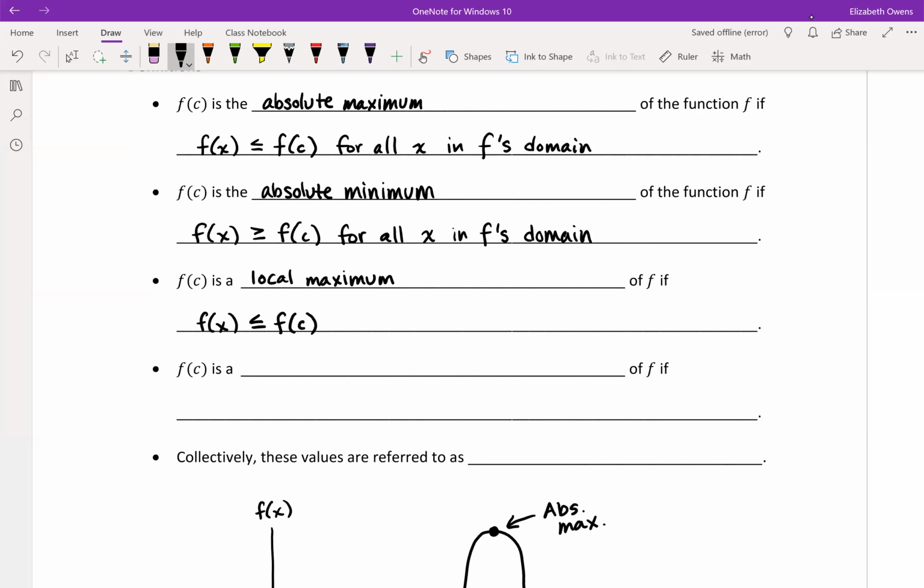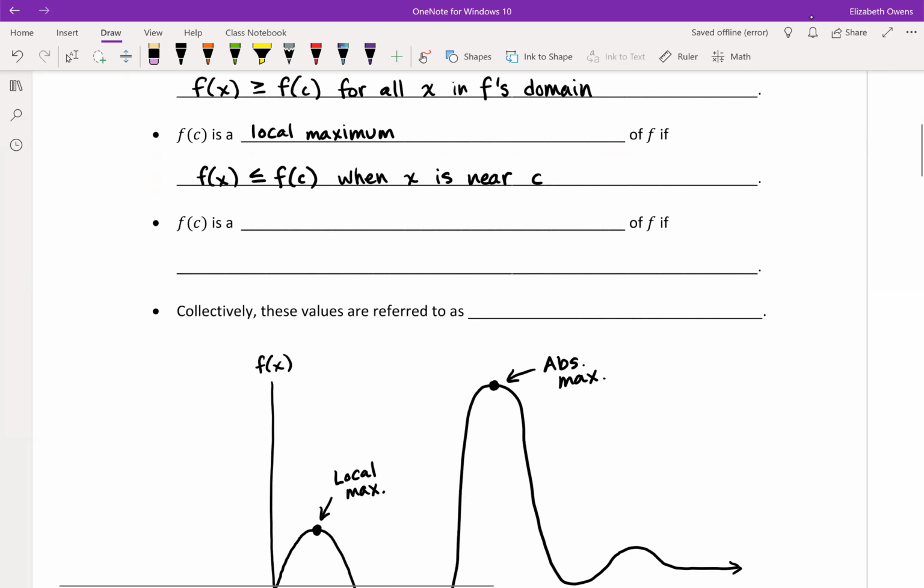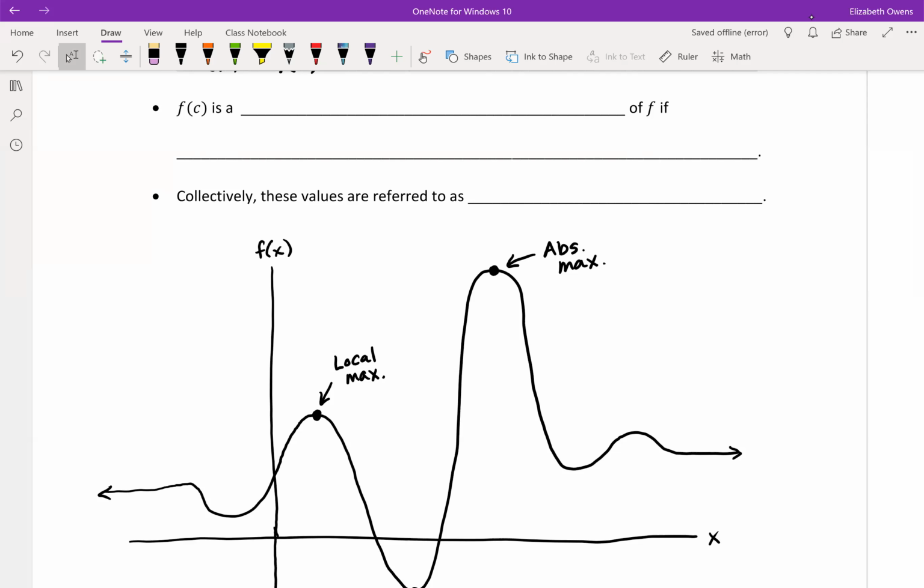This is only though when x is near c. So this is not for all x's in the domain anymore. It's just in some little neighborhood around the c value.